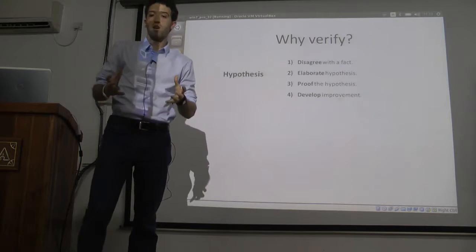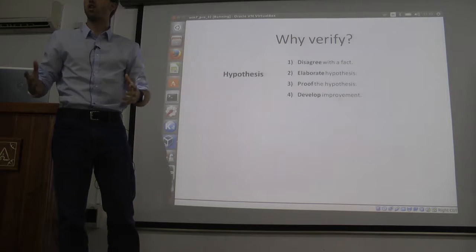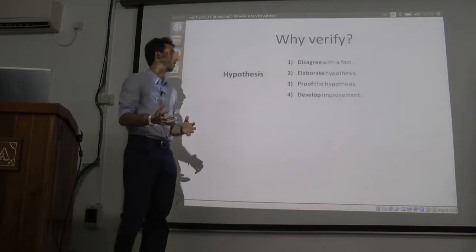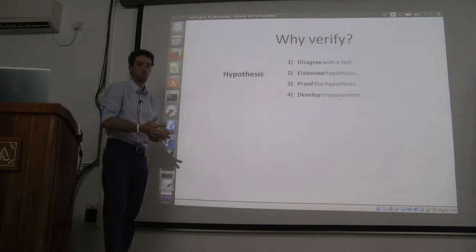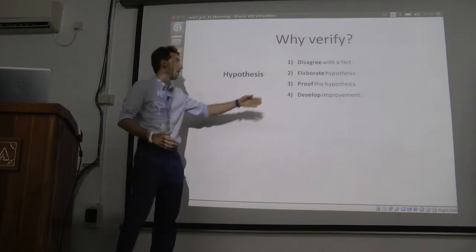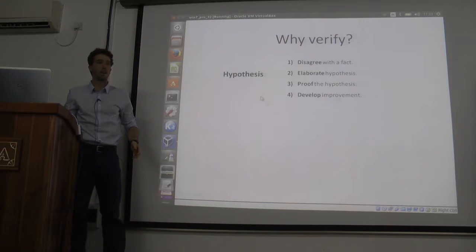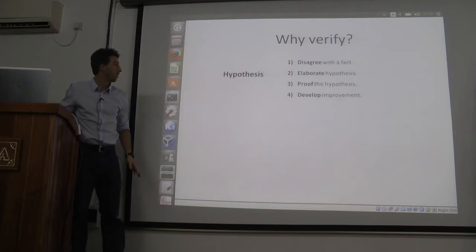For example, I run a model operationally, and I realize that something is going wrong, so I disagree with the model results. Then I elaborate a hypothesis for that, I try to prove it, and then I develop an improvement.